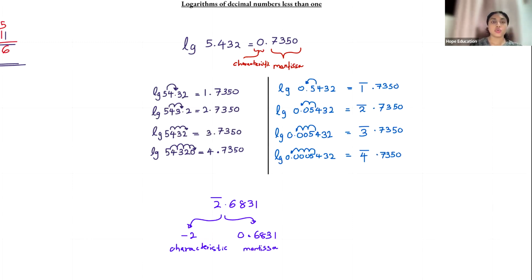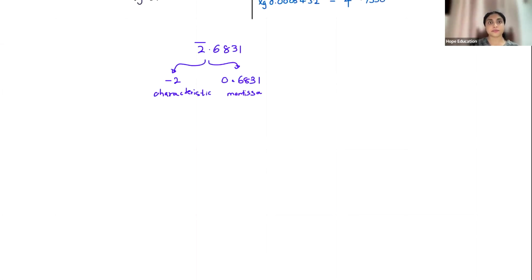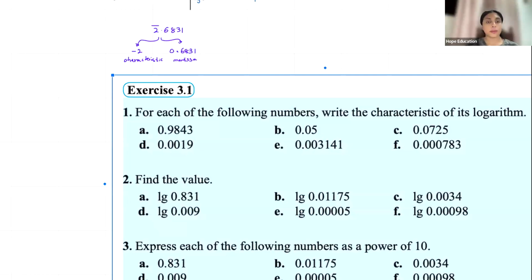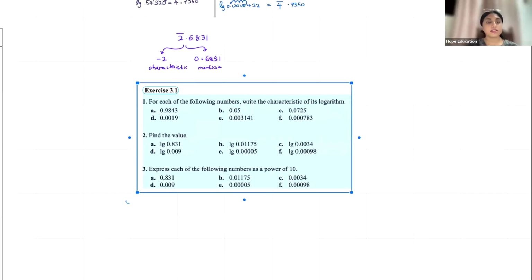Go to exercise 3.1. In exercise 3.1, I will get the entire exercise to the whiteboard, but we won't be doing everything. We will do a few questions to see whether you understood.